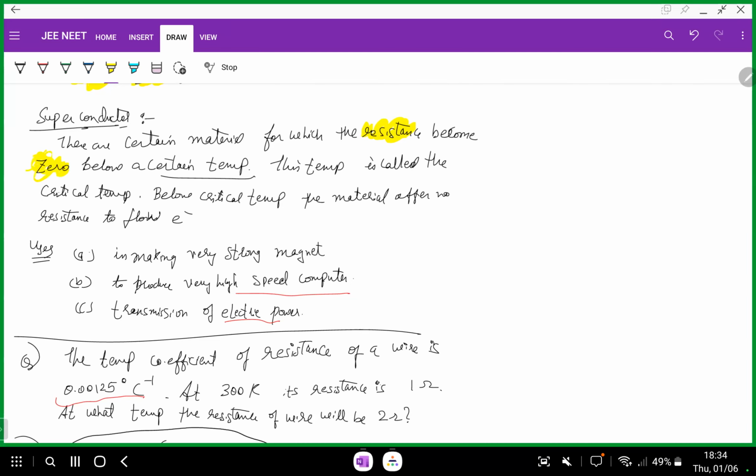For reaching that point, there should be a certain temperature, which is called the critical temperature. Below it, the material will become a superconductor. Superconductor means zero resistance, which makes 100% flow of electrons.